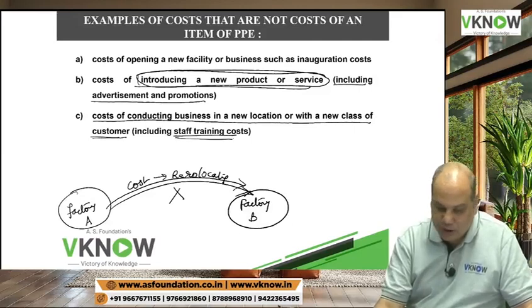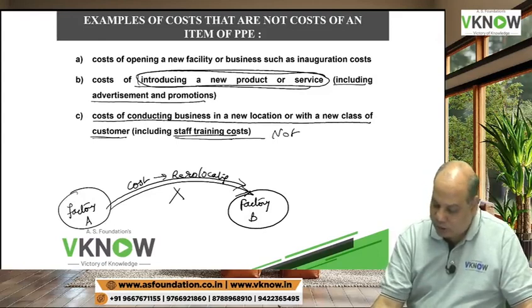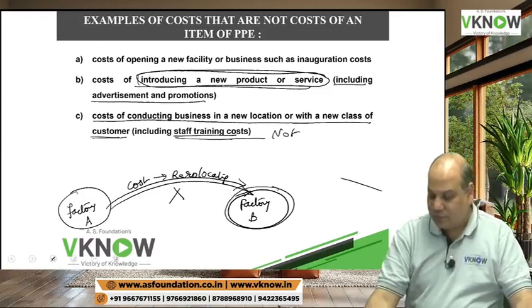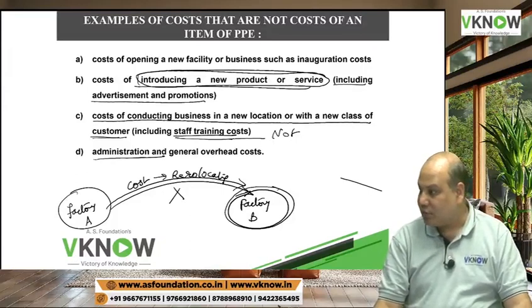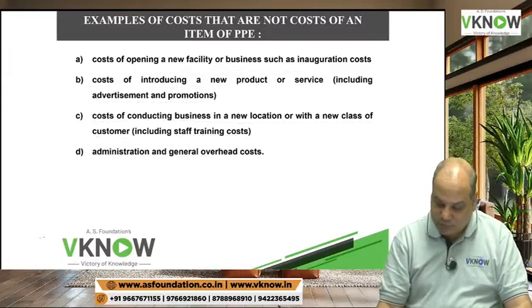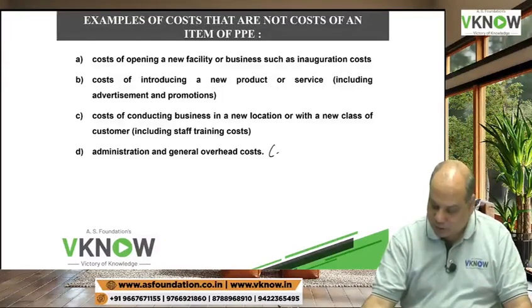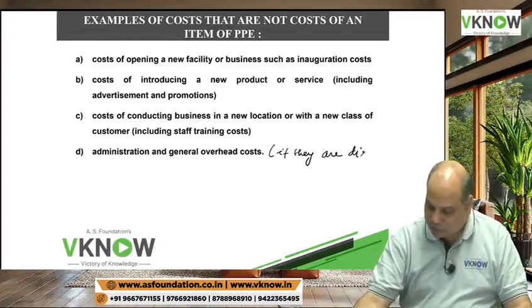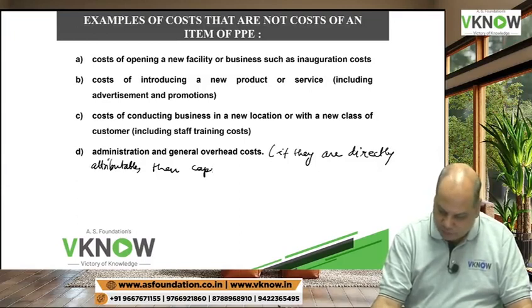Okay. Any staff training cost will not be added. Training given to staff is not to be capitalized. Administration and general overhead not to be capitalized. Only one thing you keep in mind, if they are directly attributable, then capitalize.